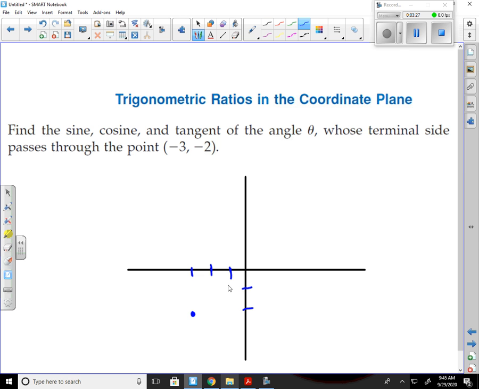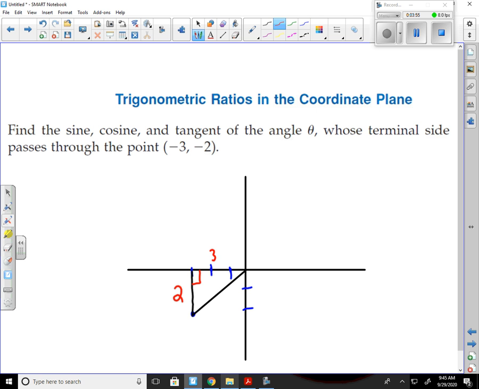This is where my point is. And I have a radius coming out to here. And I can form this triangle. So we know that this distance of this side is 3. This distance here is 2. And I would use that to find my radius.